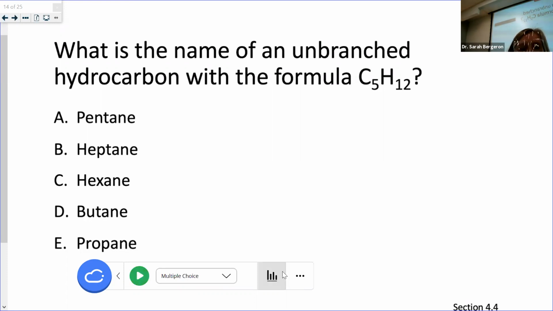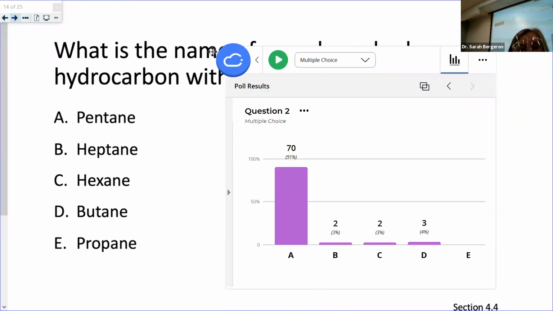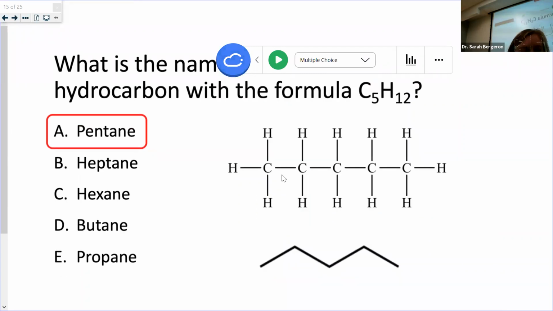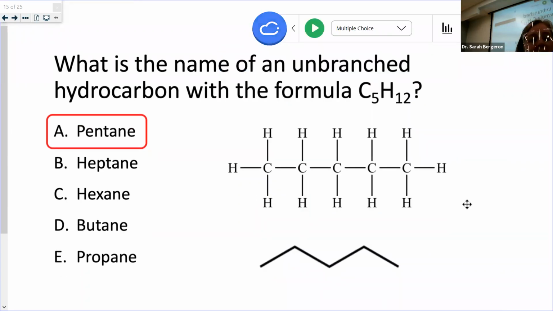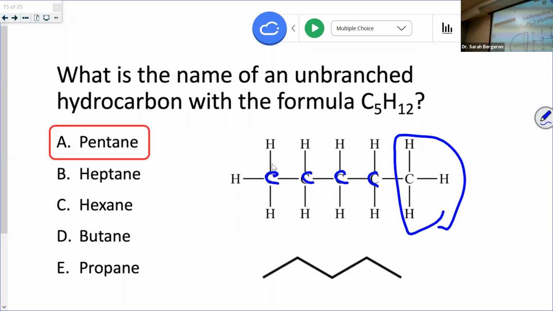Okay. So what did you get? A hydrocarbon with an unbranched chain. Why is being unbranched important in naming? Well, if I had, let's say, 1, 2, 3, 4 carbons in the chain, and then this one I took and I put on this carbon right here, would we name it the same thing?